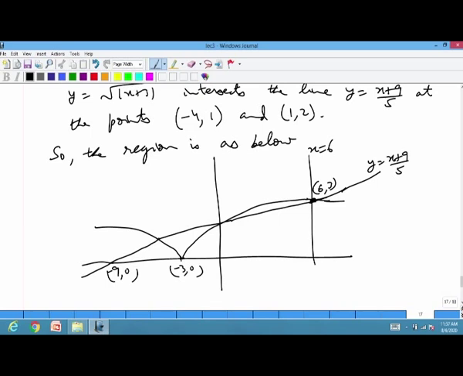So, the region is this region that we have to find the area, and these points are (minus 4, 1) and another point of intersection is here, which is (1, 2). This part is y equal to square root of (x plus 3), and this is y equal to square root of (minus x plus 3).